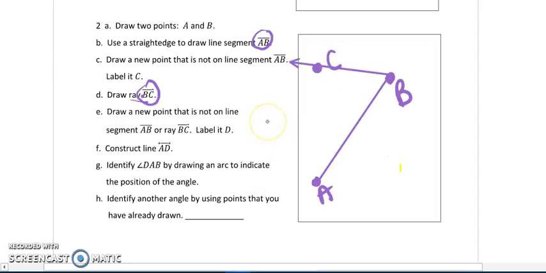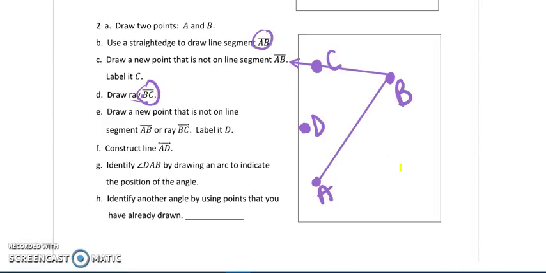Okay? Now it says draw a new point that's not on ray BC and not on line segment AB and label it D. So where do you want to put D? How about we put D over here? We're going to construct line AD.